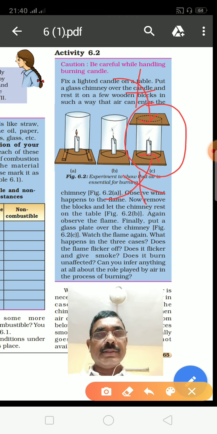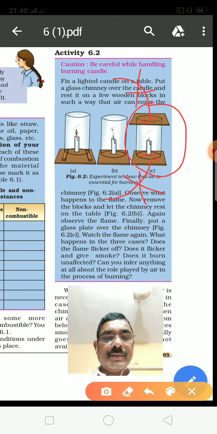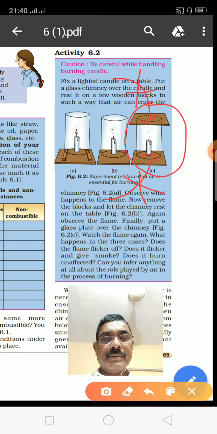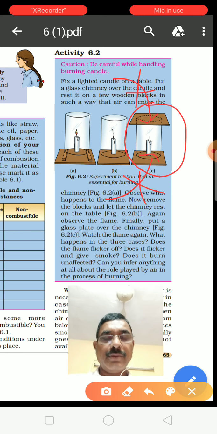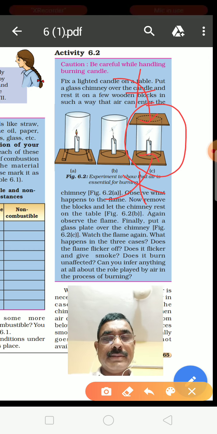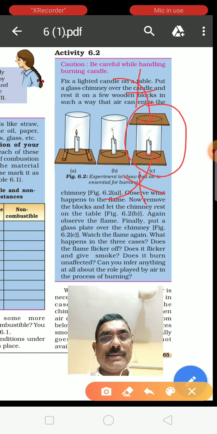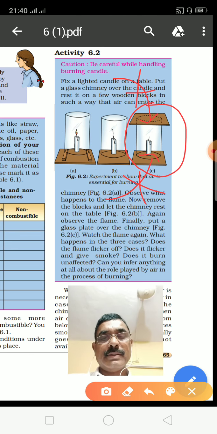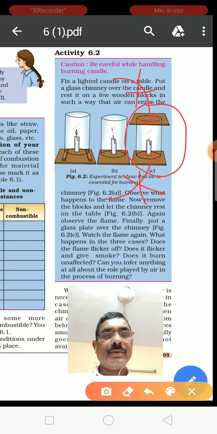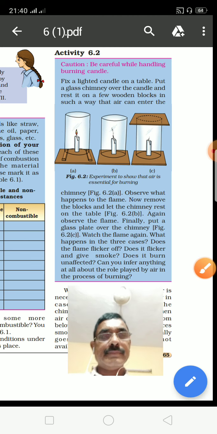So in such a setup, the candle goes off, it stops burning because of unavailability of air or oxygen. So this activity shows that air or oxygen is necessary for combustion or for burning.